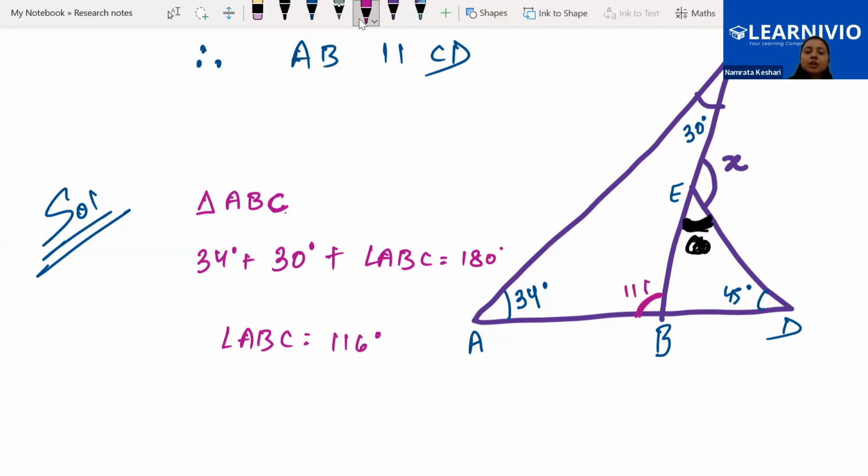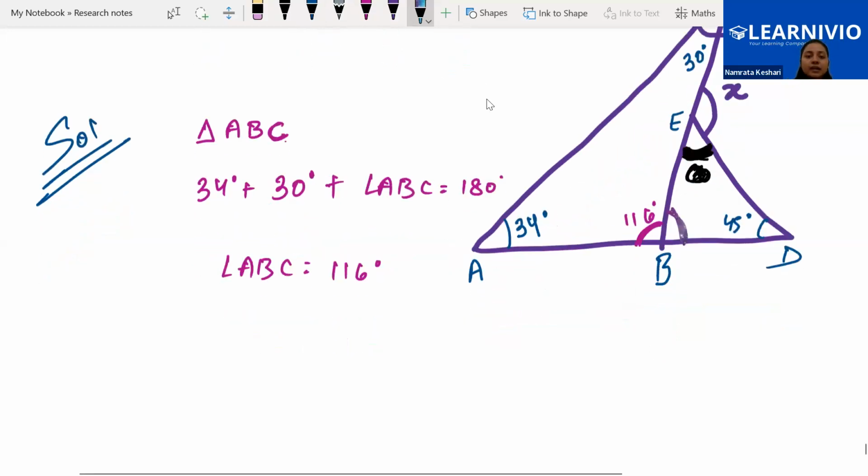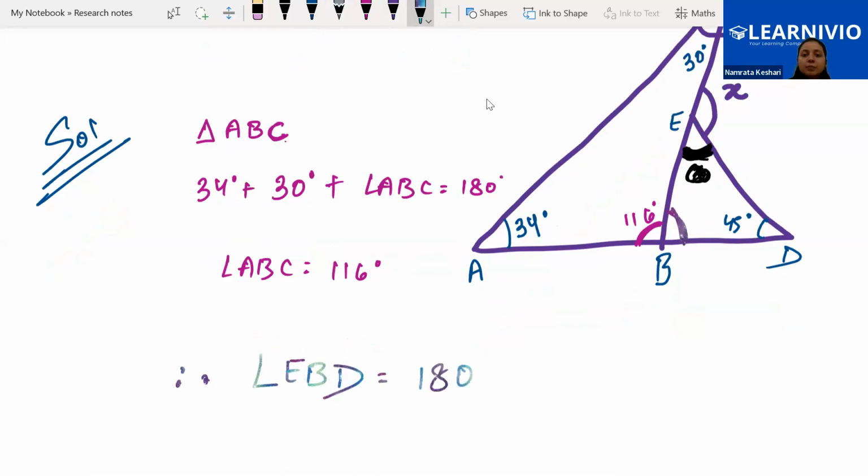If we got this one 116, can we get the other part by using the linear pair axiom? Yes, ma'am. Therefore, angle EBD by linear pair axiom will be 180 minus angle ABC, 180 minus 116.